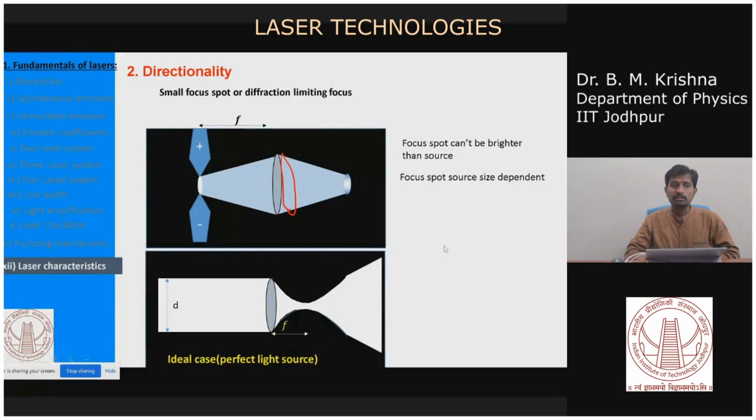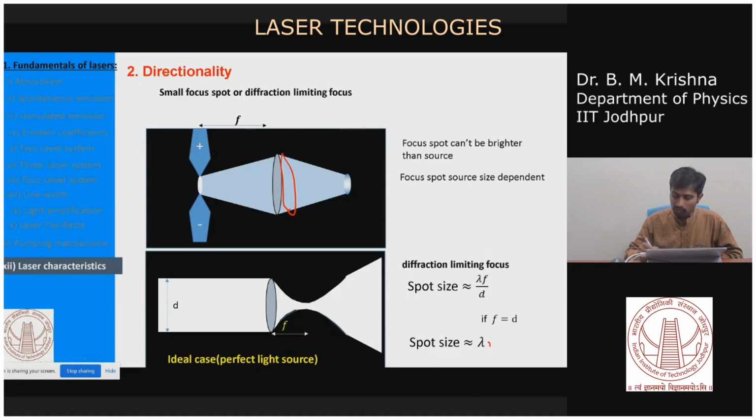In the ideal case, you assume a perfect light source that can be focused very tight. How tight? Whatever wavelength you take, the focal spot can reach the same size as the wavelength. For example, if you take 500 nanometer light, you can focus the focal spot to 500 nanometers.